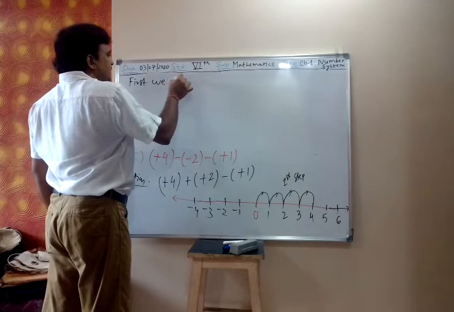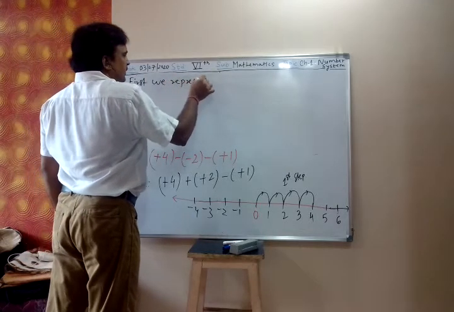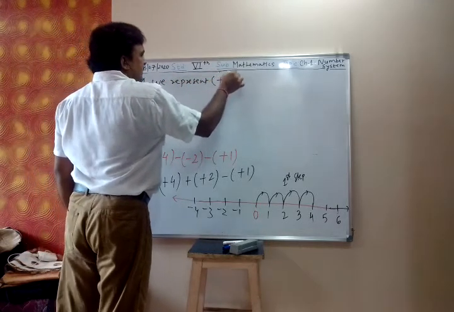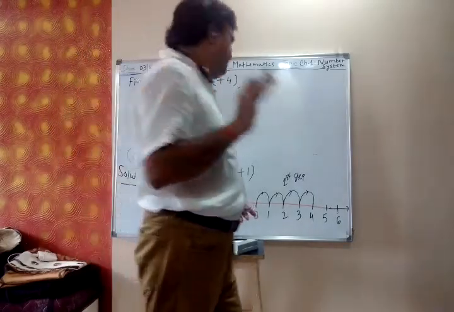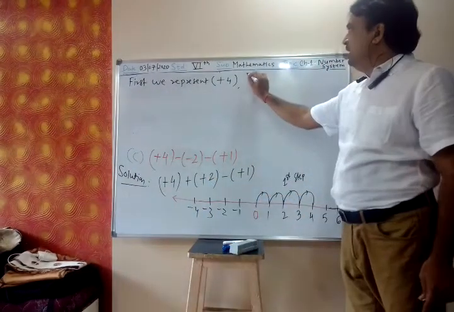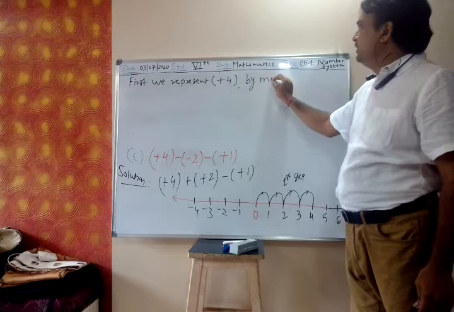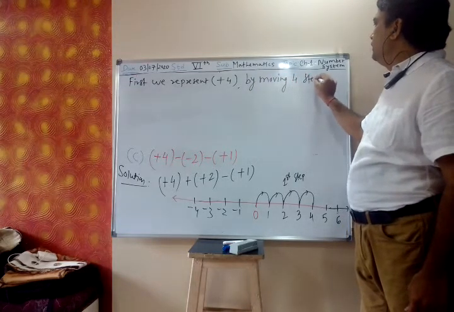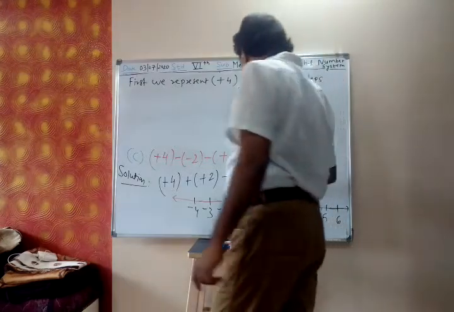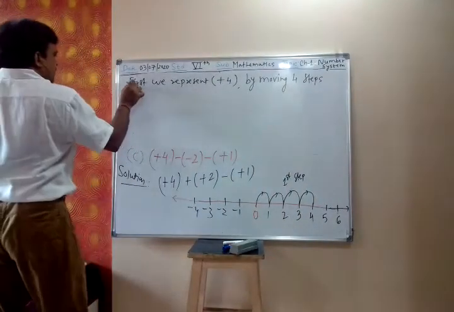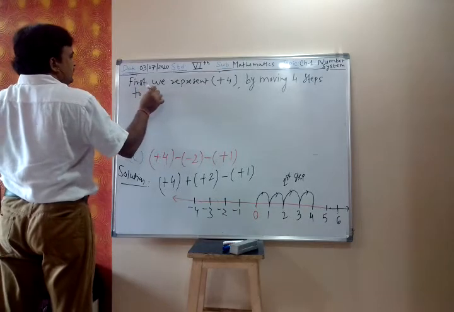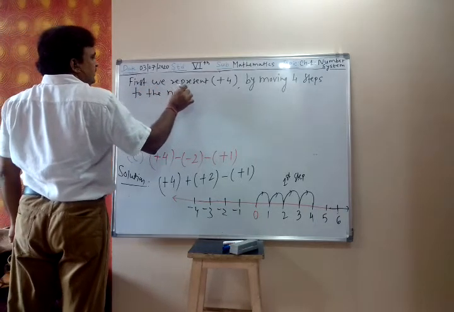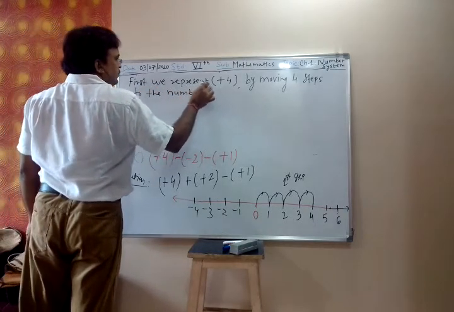So write, first we represent plus 4. First we represent plus 4 by moving 4 steps to the right of 0 directly, because it is plus 4.